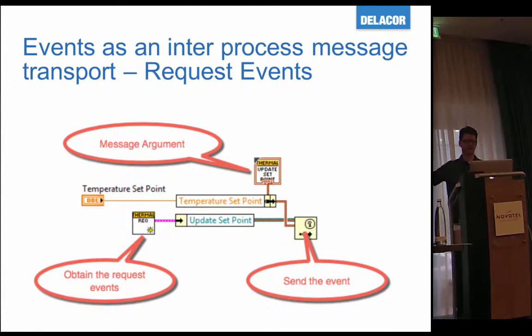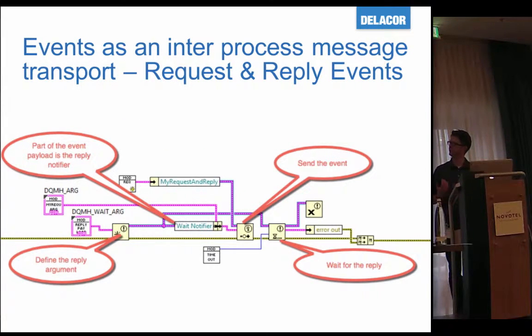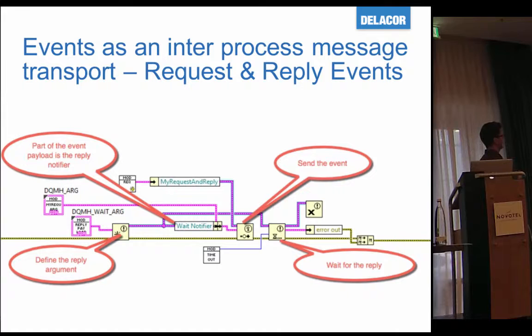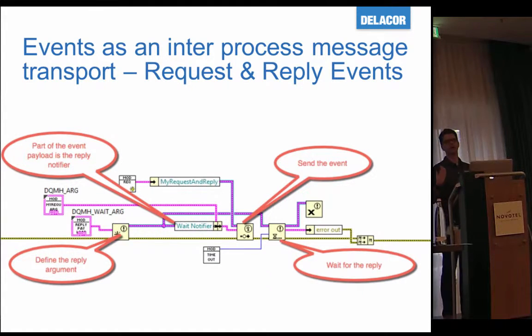It's very easy to then treat that more like a subVI call, and to have a message that returns some data as well. So I'm requesting something, and I'm going to wait on a reply. Part of my message payload is some kind of reference on which the module can send information back to me.